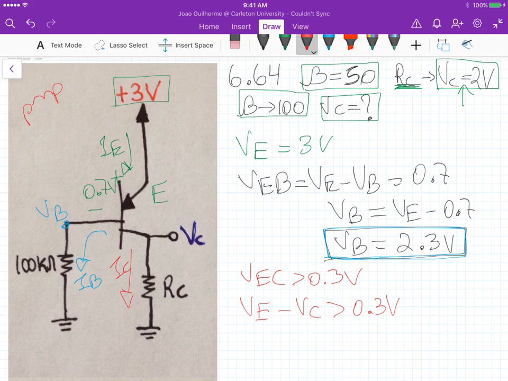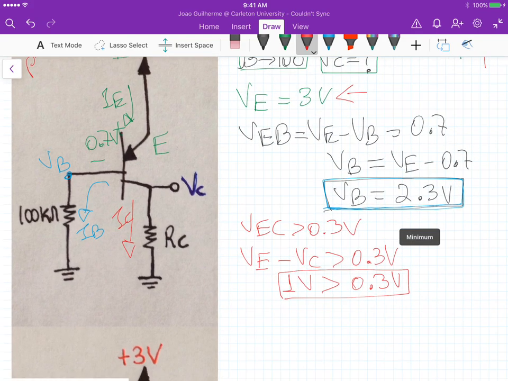VE is 3 volts up here, and we want to calculate RC so we get 2 volts at the collector. So 3 minus 2 volts gives us 1 volt, which is greater than 0.3 volts. So it's okay to assume that the BJT is operating in the active mode region.